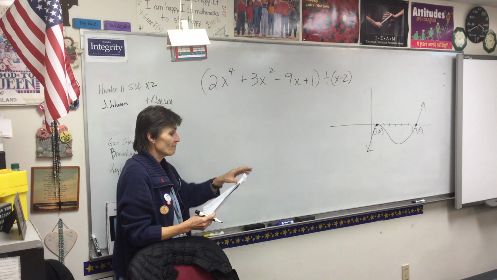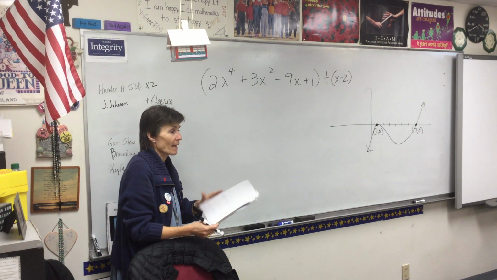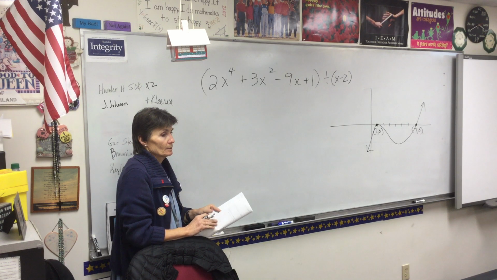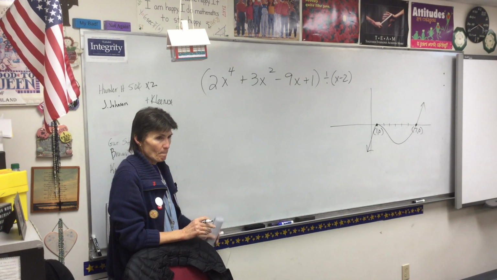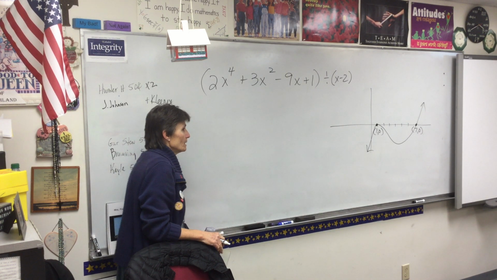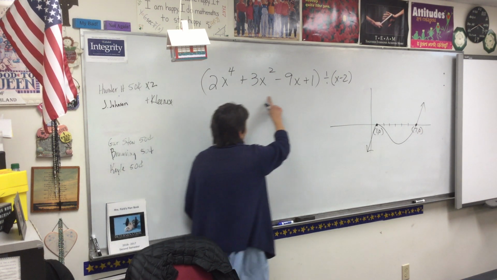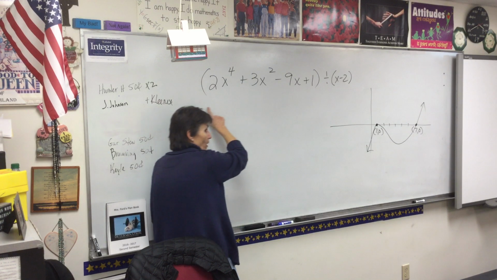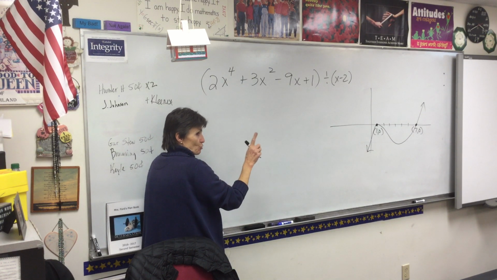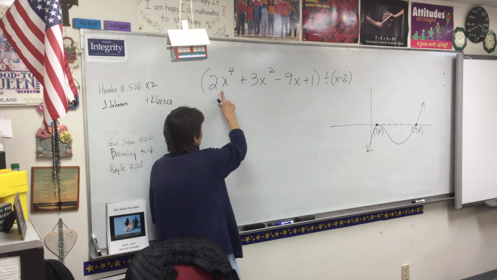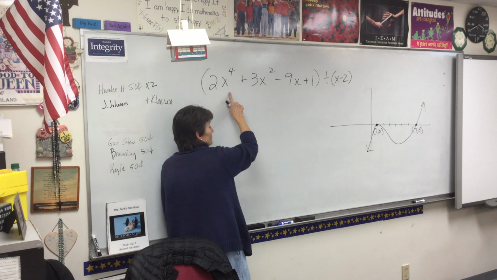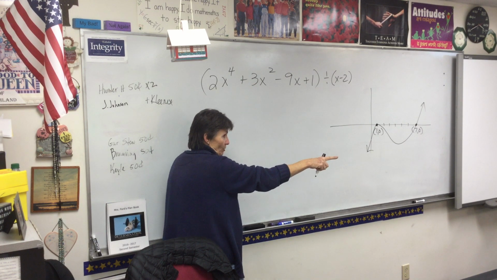Okay, I am on problem 5 now, which is on the back of page 18. Now, we know when we do synthetic division that we have to write out all of these numbers in a row. But this one's tricky. Do you notice anything right here? No x to the third.